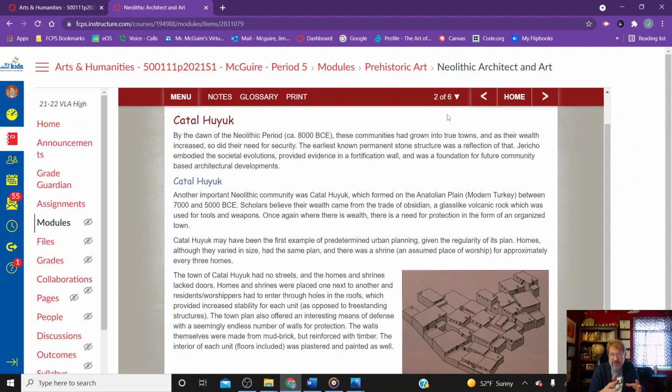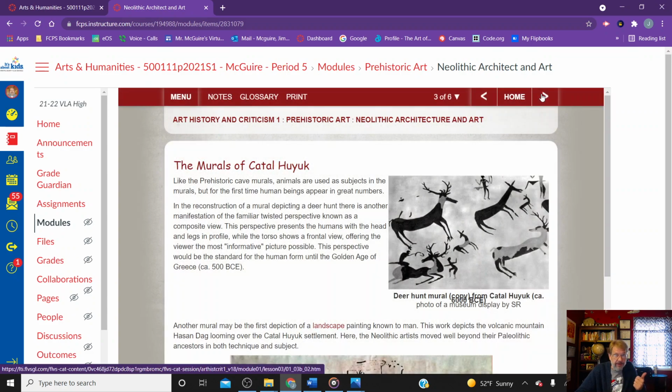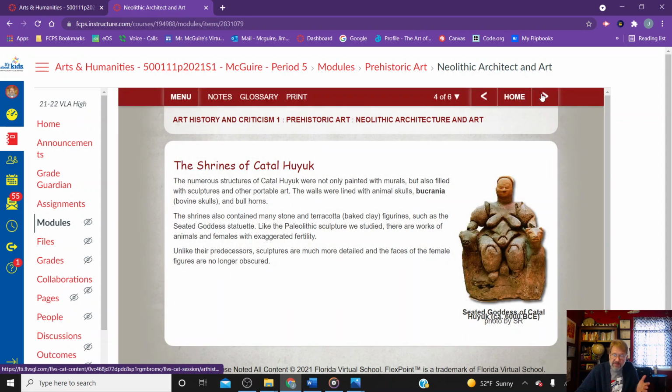It's important to understand it was the early dwellings and the earliest form of civilization, that sort of thing. But knowing how their streets are laid out and their architecture is probably not going to be as important as just recognizing the time period when it happened. The murals, anytime you see the major art from those periods, you want to recognize where this piece fits in the timeline.